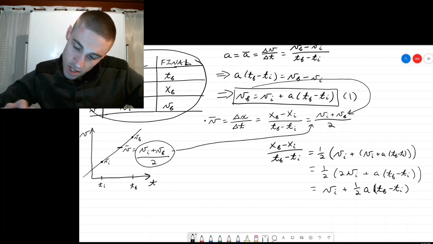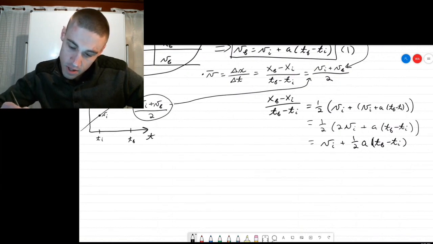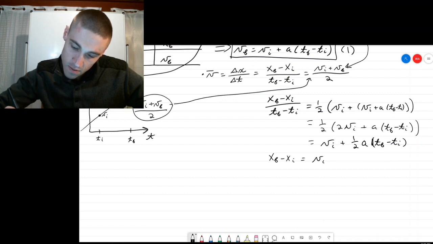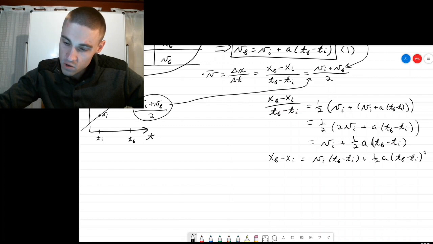Okay. Now I'll take and multiply the left and right hand side by t final minus t initial. I'll get that x final minus x initial is equal to v initial times t final minus t initial plus 1/2 acceleration times t final minus t initial squared.